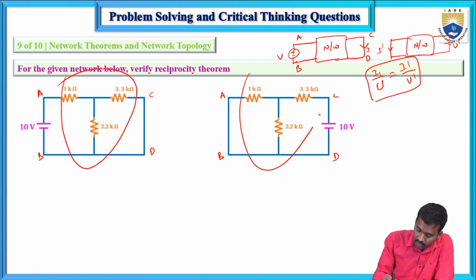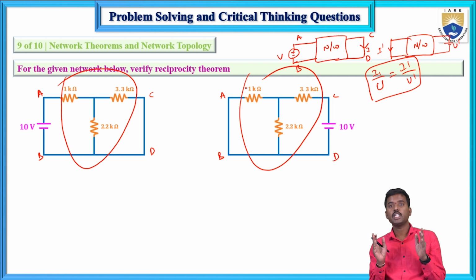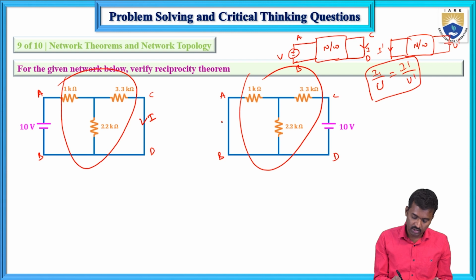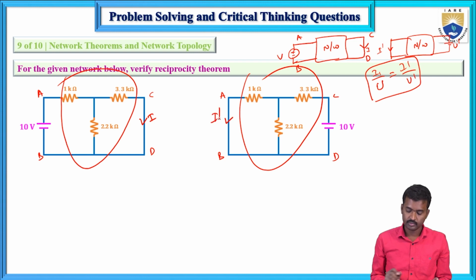Now here this is the network, and this is the network, only terminals changed. Now change the terminals, so the AB terminals and CD terminals are interchanged. Even if you interchange the circuit, this is I and this is I dash. So the ratio of response I dash by 10 volts is equal to I by 10 dash.